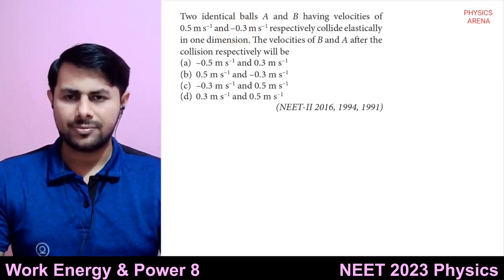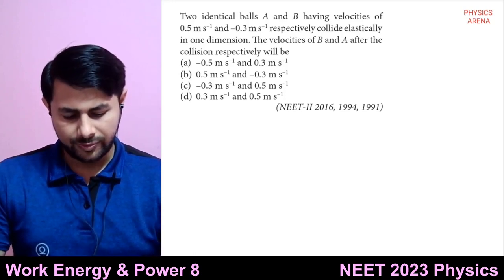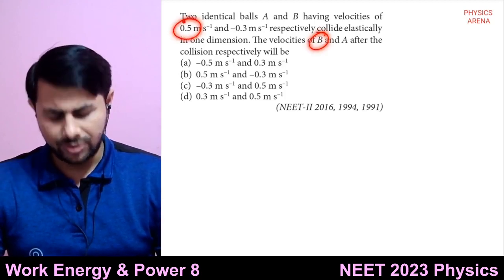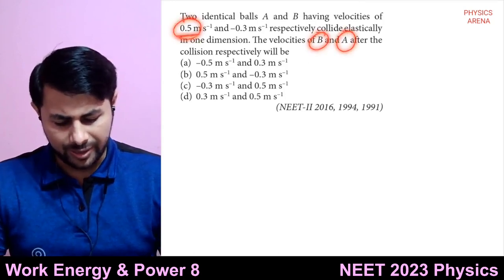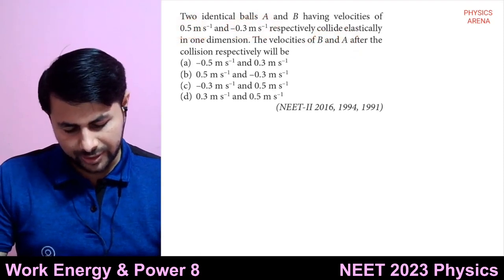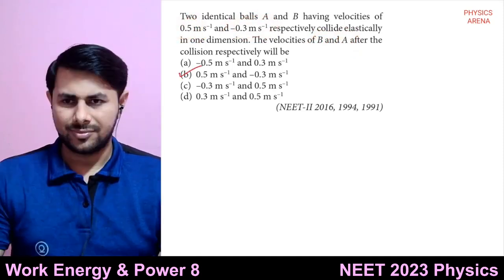So tell me, the velocities of B and A. So the velocity of B will be the initial velocity of A, right, 0.5, and the velocity of A will be the initial velocity of B. So 0.5 and minus 0.3 is the answer. So option B, right?